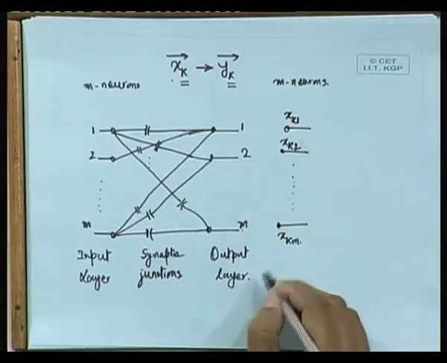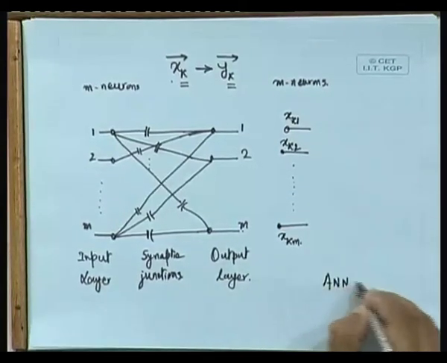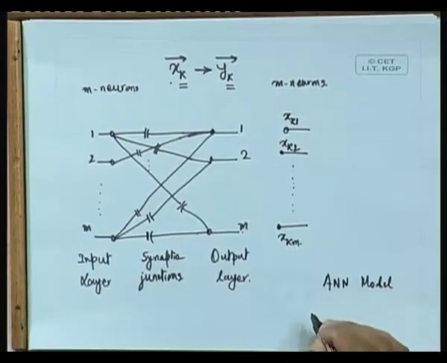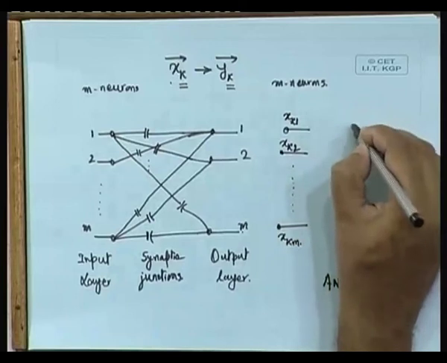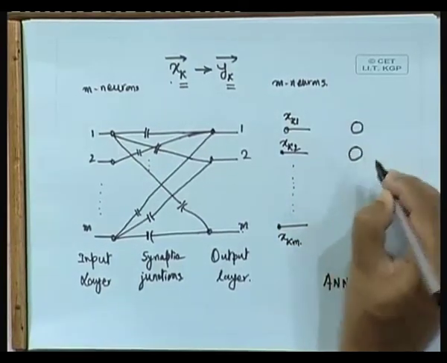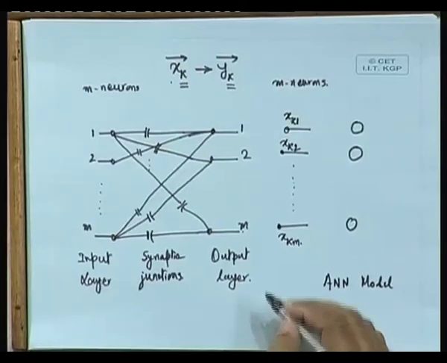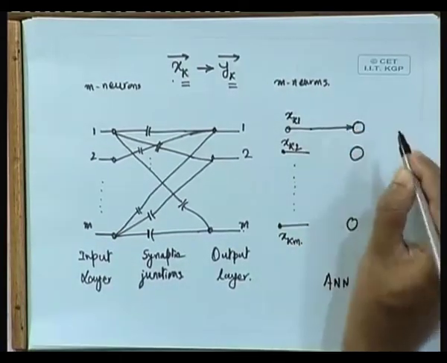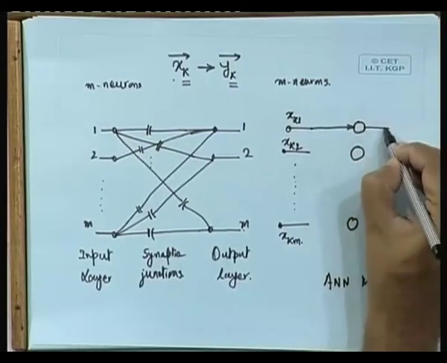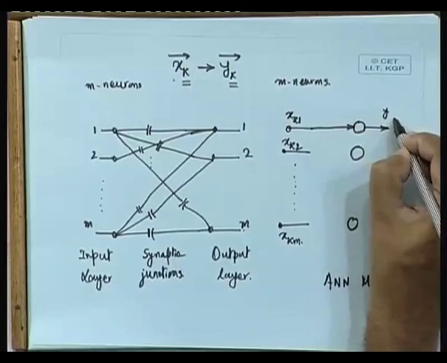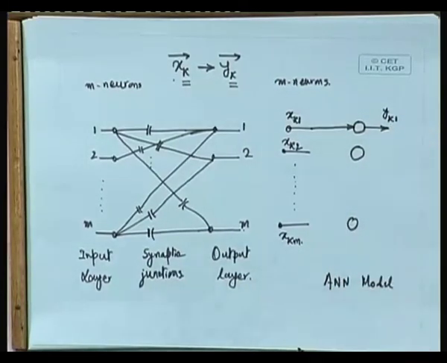So likewise we will have an input layer for the ANN model also. So this is the ANN model of associative memory. Okay. And these will be connected to the output neurons, which will do the processing part. Processing means what kind of processing? In this case it is fairly simple. Let us say we take the neuron that generates the output y1, or in this case we will write yk1, because for the pattern k, it is the response that we are getting from the output neuron indexed as 1.